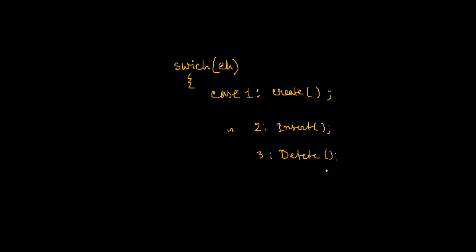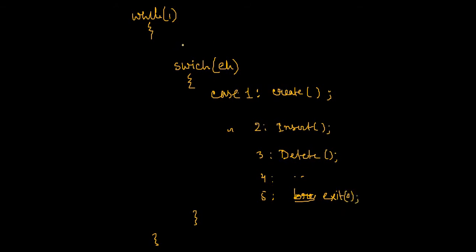If case 3, then maybe we'll call, say, the delete function. In this way, you can call different functions for different cases, and you don't know how many times you can continue this. So you must be in an infinite loop, where you must have a choice to break from the loop, or you can say exit from the infinite loop, right?